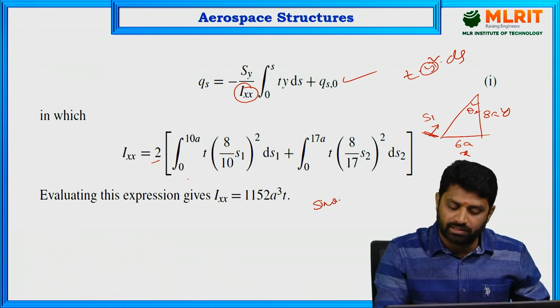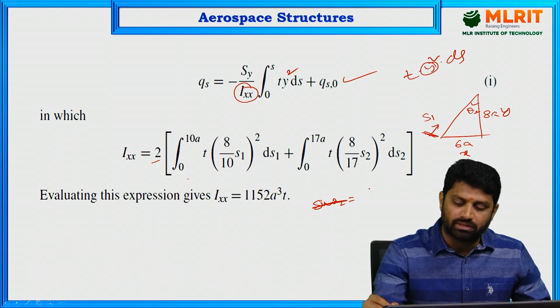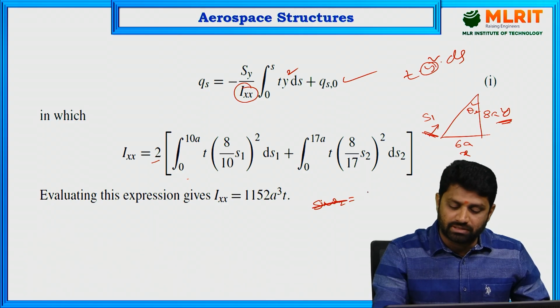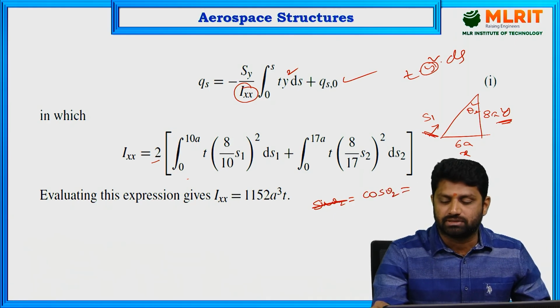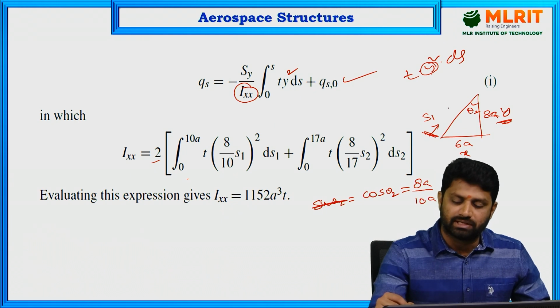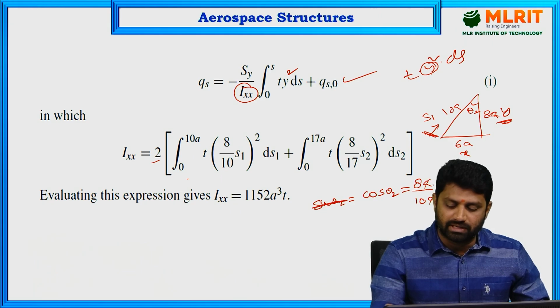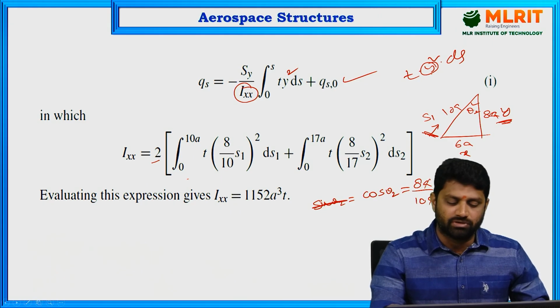Instead of sine, since we want this length, the vertical distance y, we have to consider cos theta 2. So cos theta 2 equals 8a by 10a. You substitute this, and in terms of s1 you have to substitute.